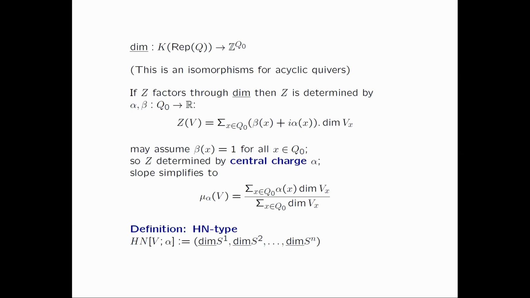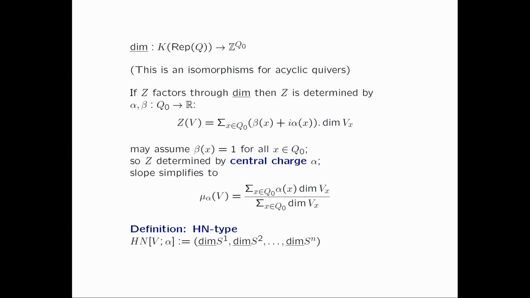And in that case, our slope also has a much easier formula, namely on the bottom, I always have just a sum of all the dimensions at every vertex. You might say that's the dimension of the representation. And on the top, I have these weighted sums of dimensions.